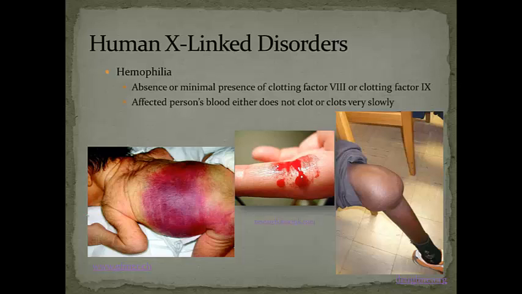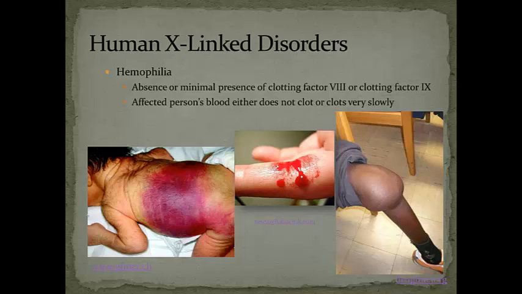What you see on the right there is one of the unsung symptoms of hemophilia: there's a lot of internal bleeding around the joints and swelling of fluid around the joints. That person is not doing such a hot job of taking care of themselves, because that should not happen.